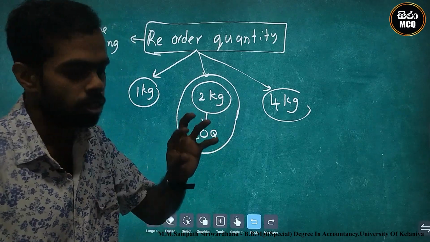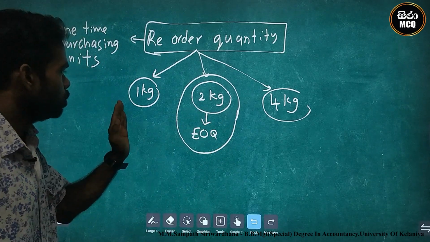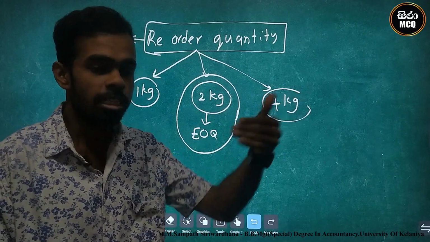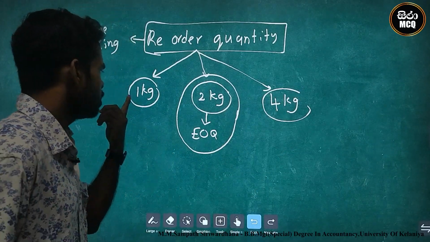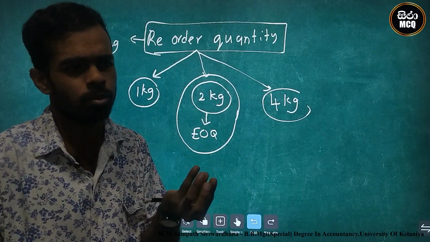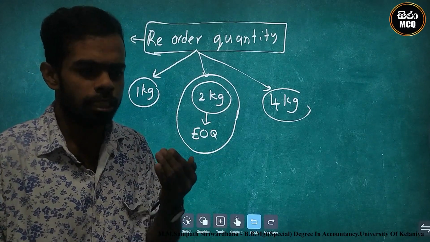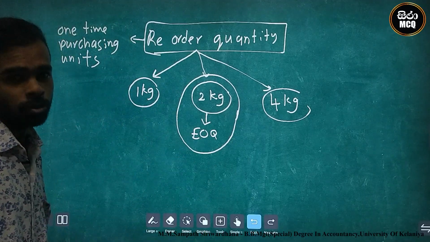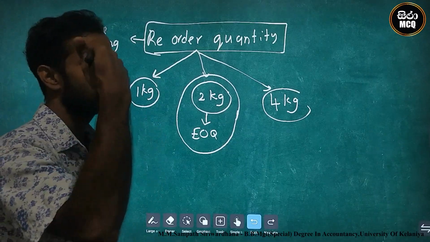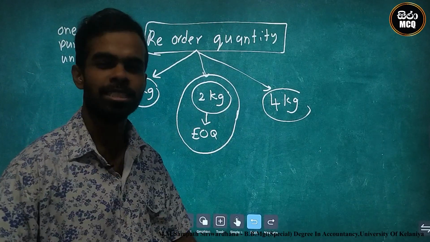Why? The holding cost is minimum, but you must go to the selling shop again and again. The 1 kilo is a small number of units, therefore we consume it immediately, and again and again we go to the shop and purchase.